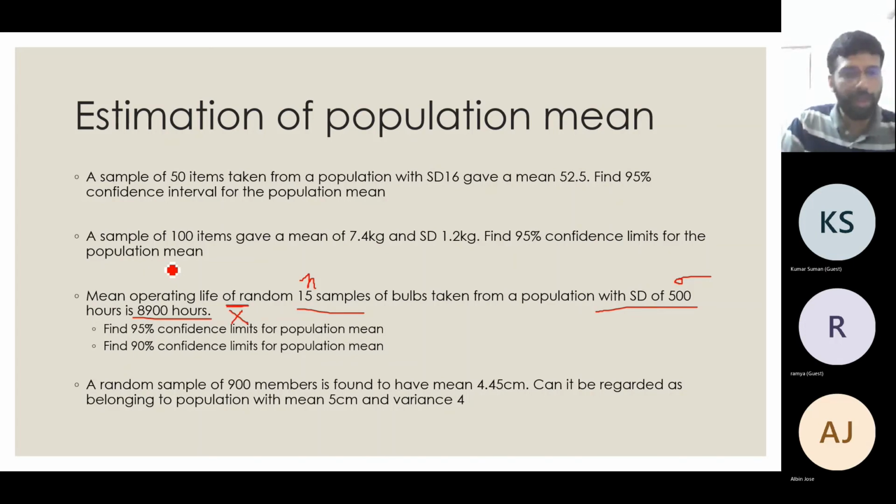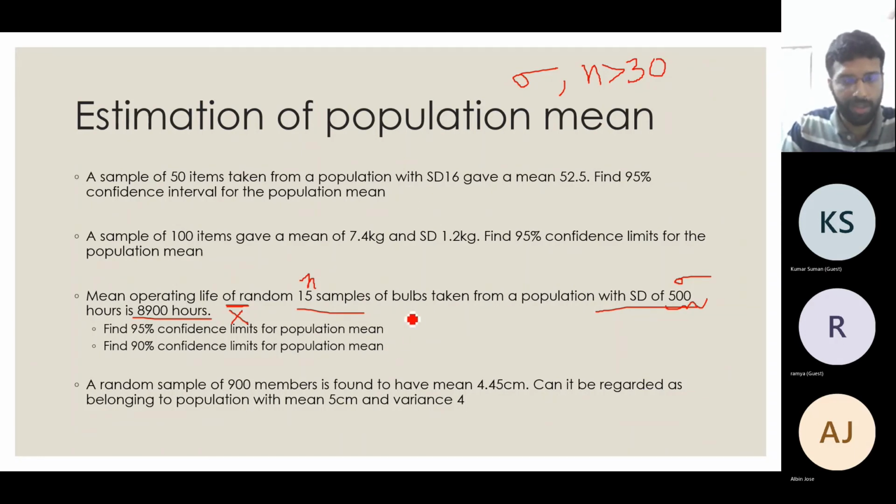So here, as you can see, my n is less than 30. It is not told that the population is normal, but the population standard deviation is known, right? As I told earlier, if my population standard deviation is known or my n is greater than 30, I can directly go for the Z distribution, a direct application of the central limit theorem.